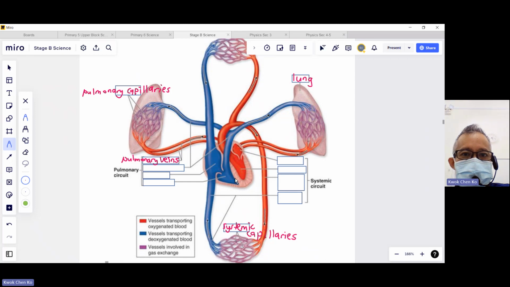No surprise, you notice there are two systemic veins that go back to the heart. This is from above the heart. That means that includes your head.